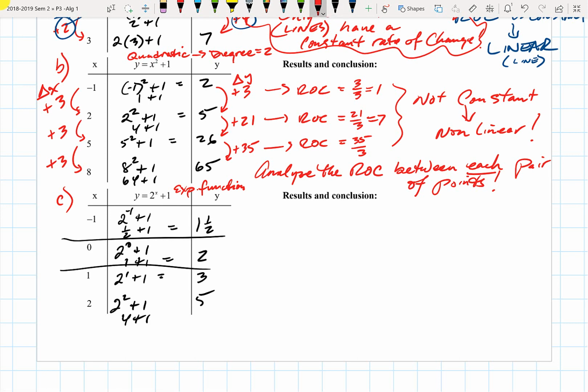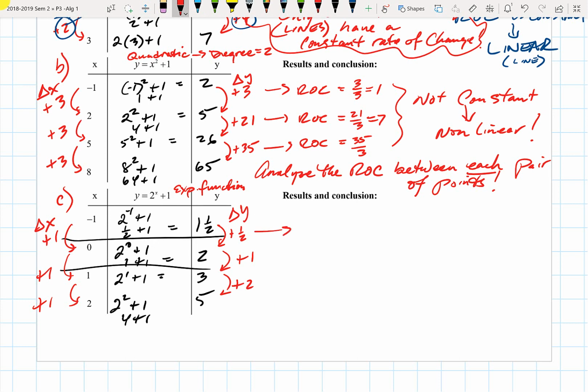So let's analyze the rate of change. Here it's plus 1, here it's plus 1, and here it's plus 1. So delta x is constant, but is delta y? From 1.5 to 2 is plus 1/2. From 2 to 3 is plus 1. From 3 to 5 it's plus 2. So delta y is not constant.